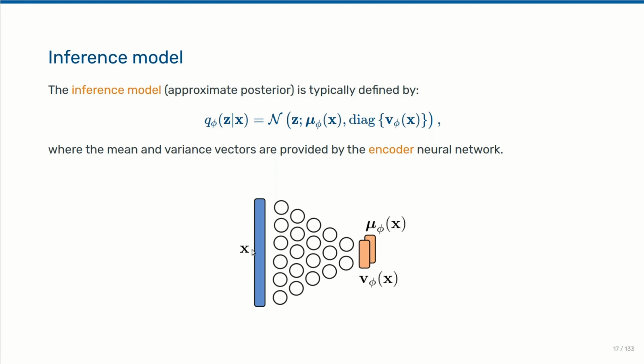So this encoder inputs X, applies a series of layers and nonlinearities to finally compute mu phi of X and v phi of X, which are the parameters of the approximate posterior distribution, or also called the inference model.